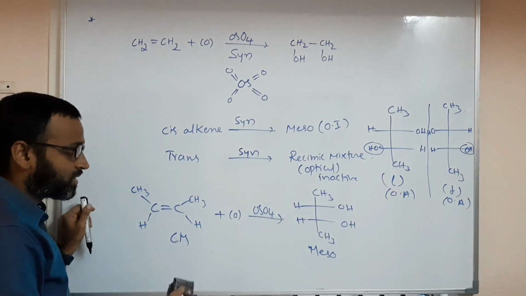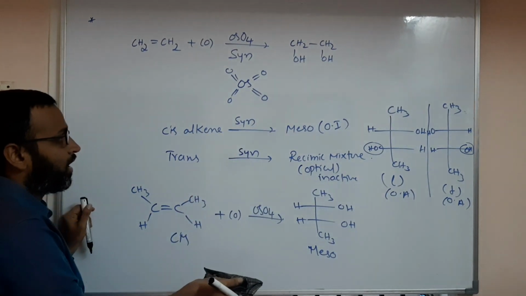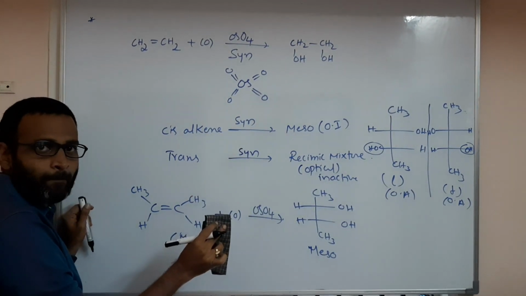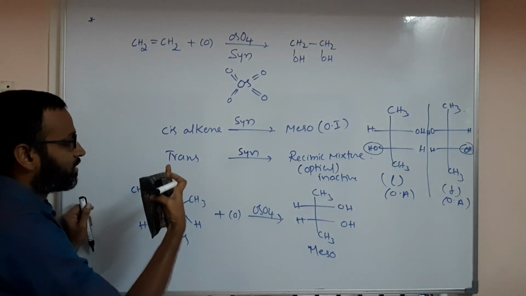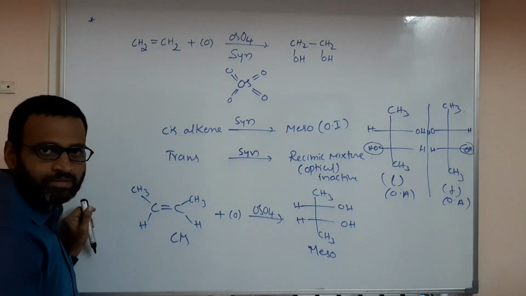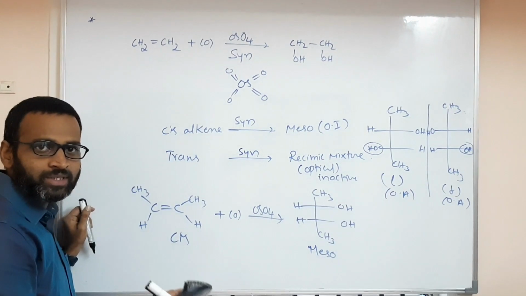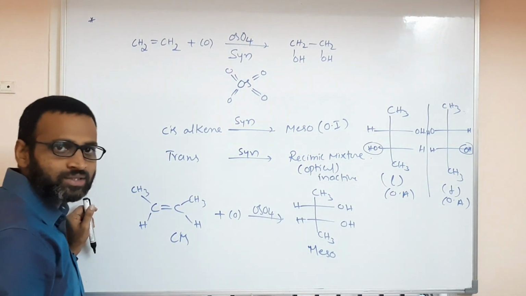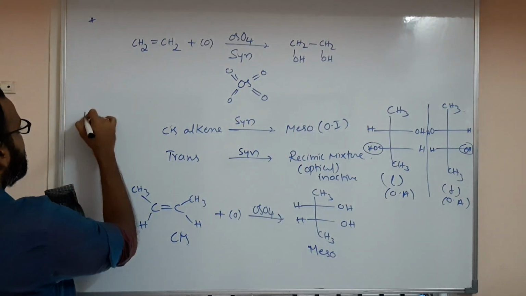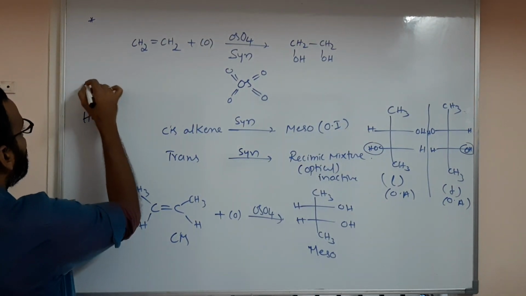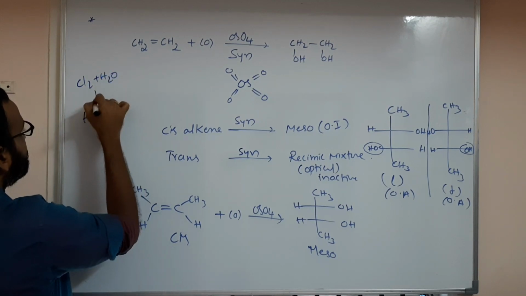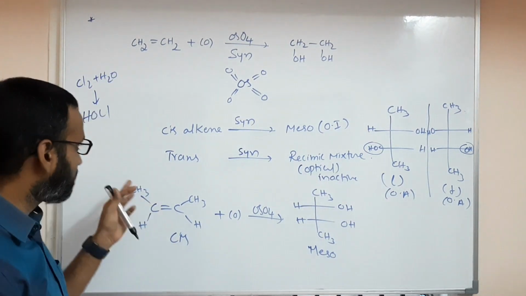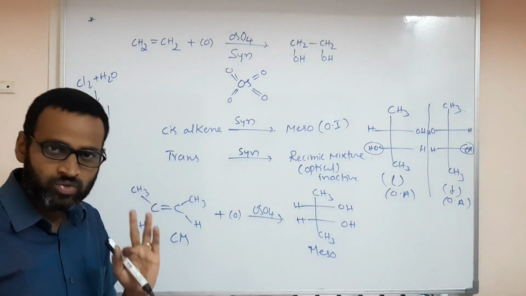Anti-addition is different, like bromination, Br2 addition in presence of CCl4. HOCl addition: Cl2 plus H2O added to an alkene. At the time of hydrocarbons you will have all these things, don't worry.